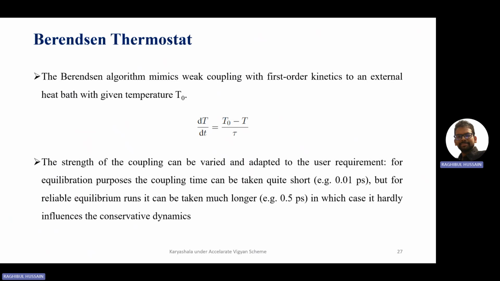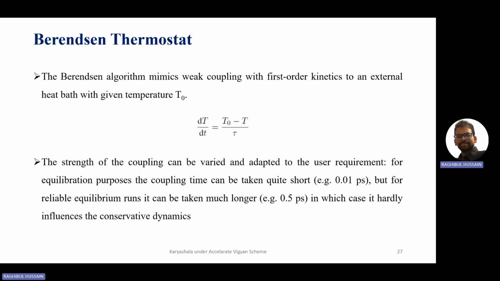So the Berendsen algorithm mimics the weak coupling of first order kinetics to an external heat bath with respect to this condition, and the strength of coupling can be varied. So when we go to the GROMACS simulation, we will see that this strength we have to define other than our default value.